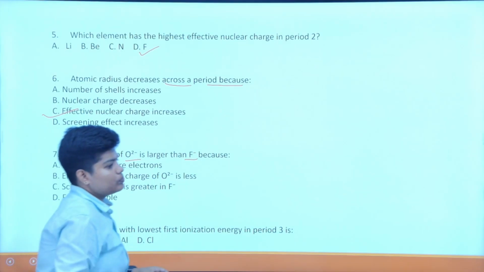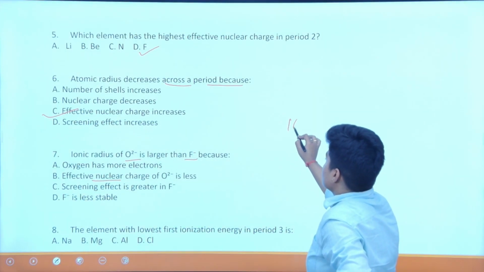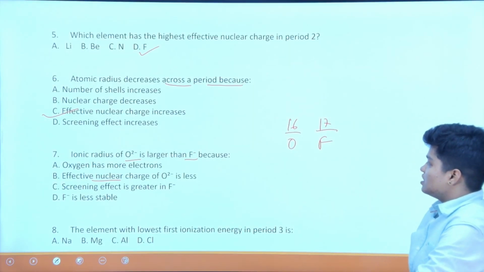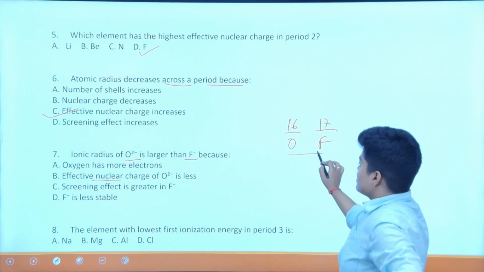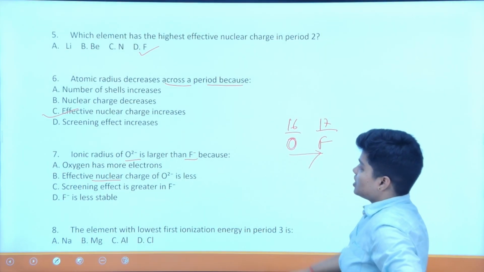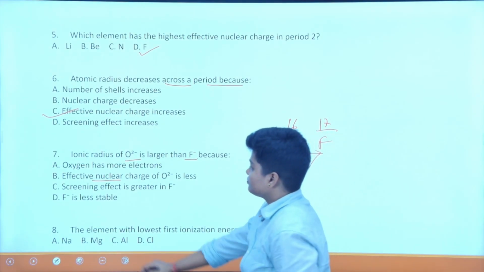Oxygen is in group 16, and fluorine is in group 17. So the effective nuclear charge is increasing along the period, and the effective nuclear charge on oxygen will be less. So the ionic radius will be more.